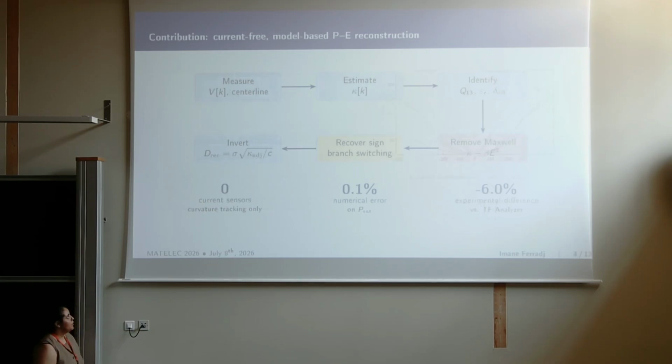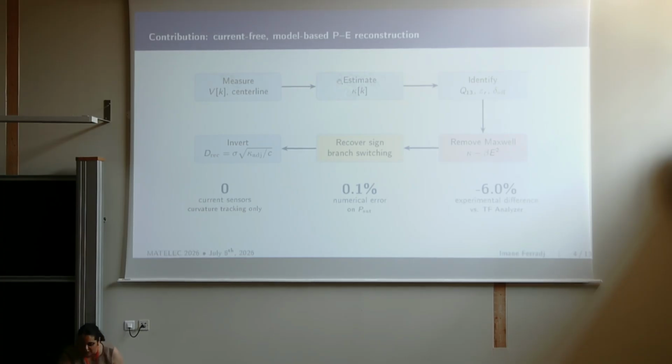So an overview of the workflow of the method developed here. The first thing is to measure the center line during actuation through image processing, or depending on the sensor you want to use to measure the curvature.